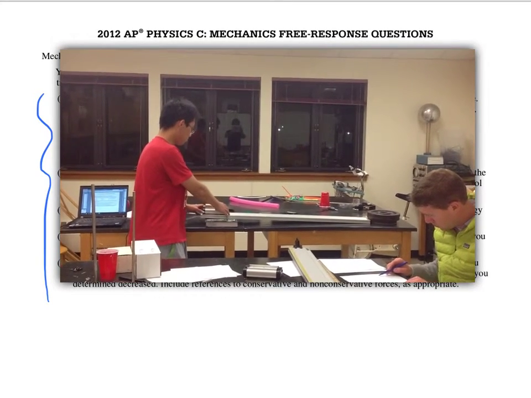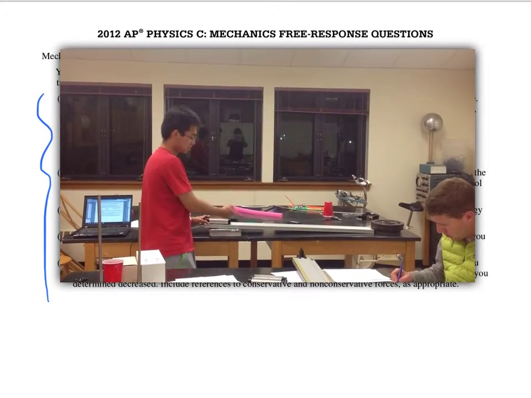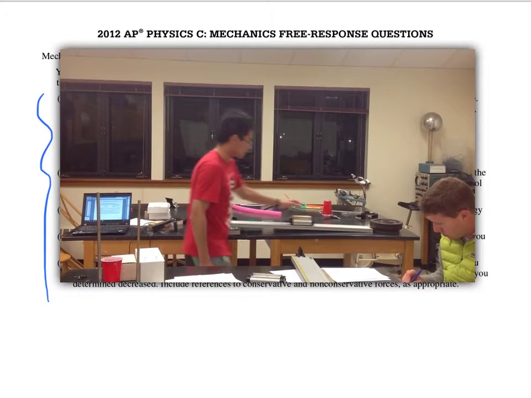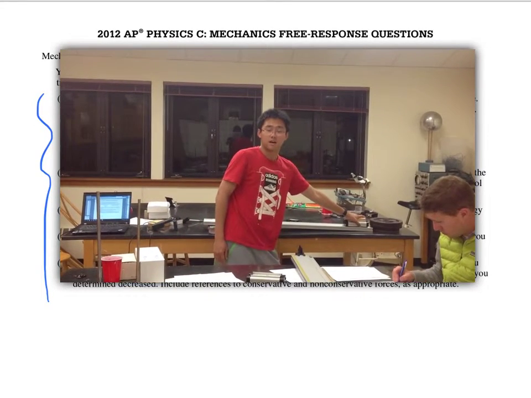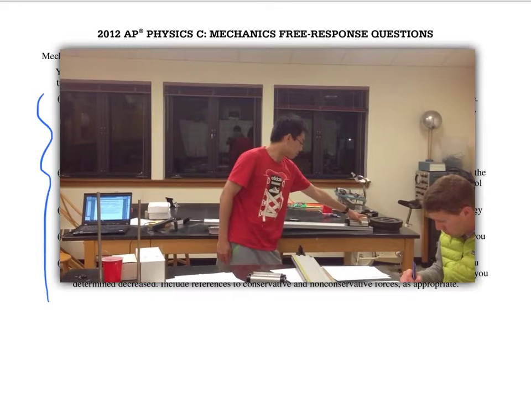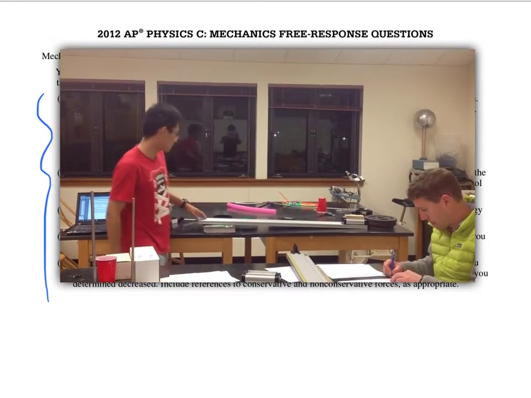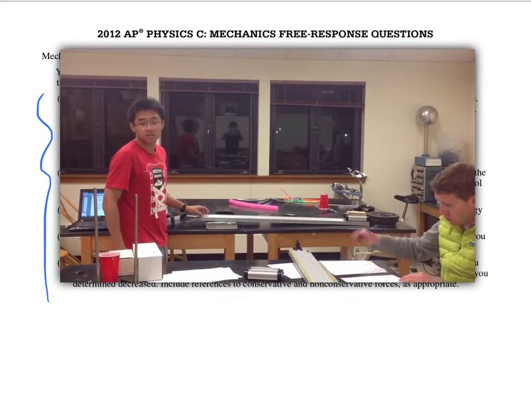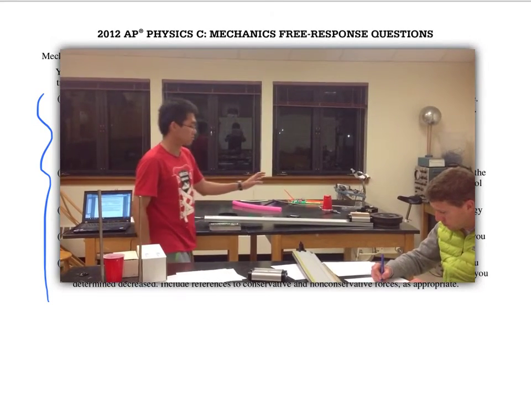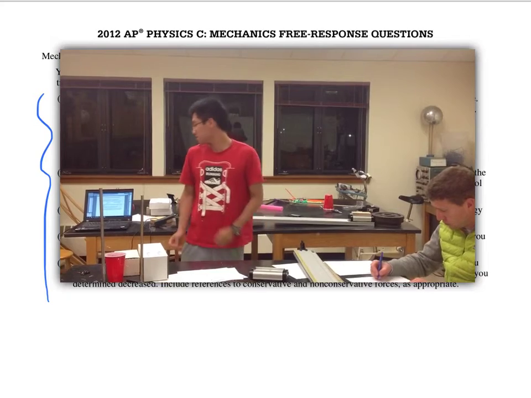The way we're going to run it is just release it, and at the end we're going to stop it. This is the situation we're going to create, where the gravitational potential energy transforms to kinetic energy.